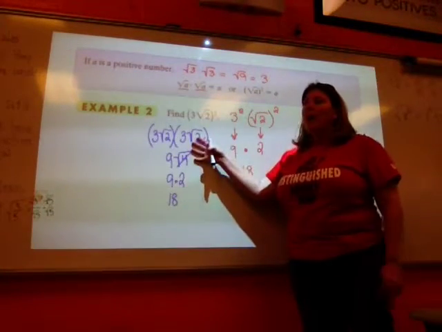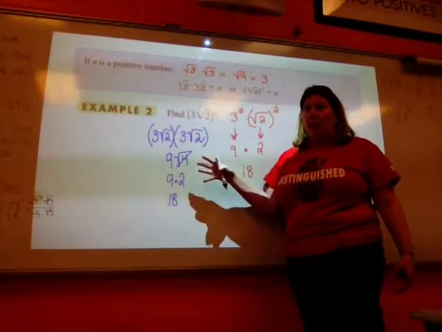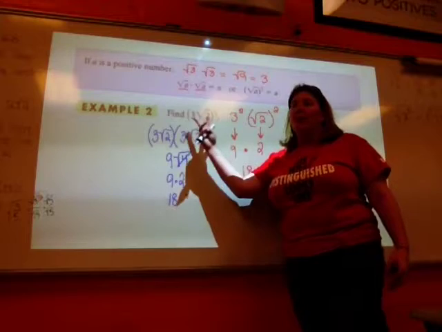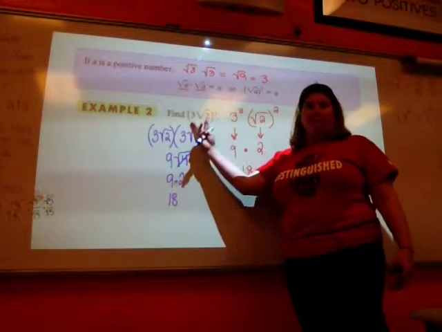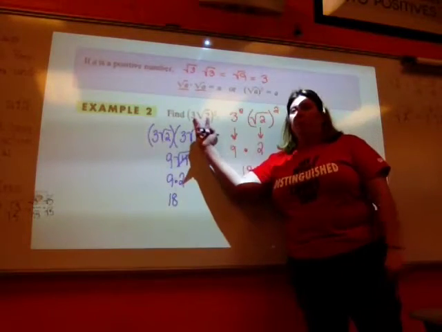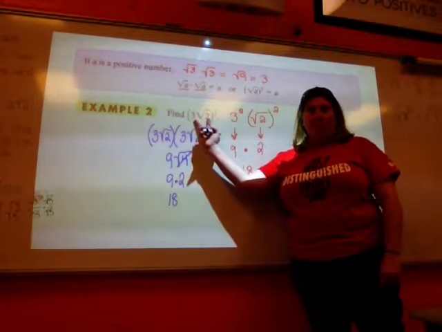I like this way because it makes more sense to me. It means this entire thing times this entire thing. Okay? Which will make more sense when you start putting more than one thing inside your parentheses.